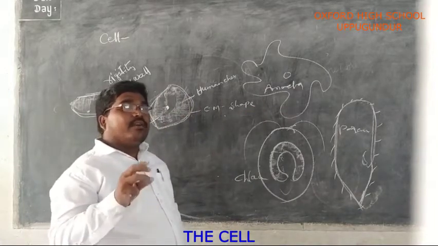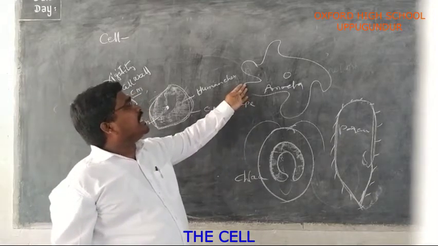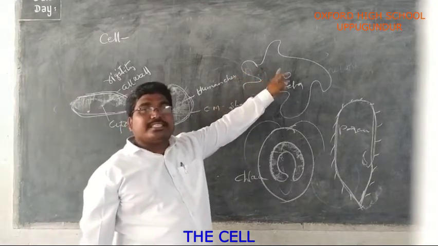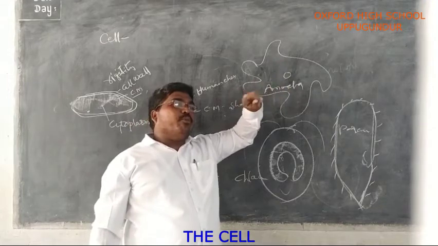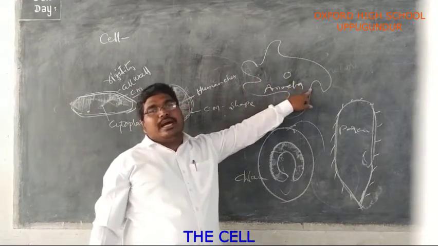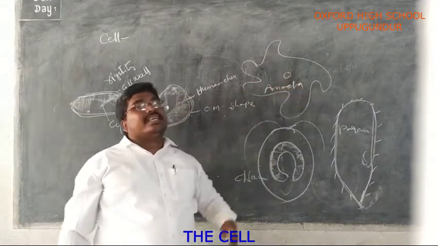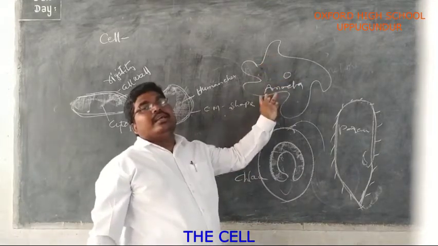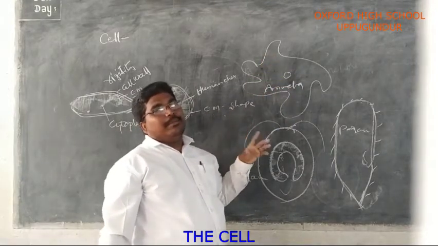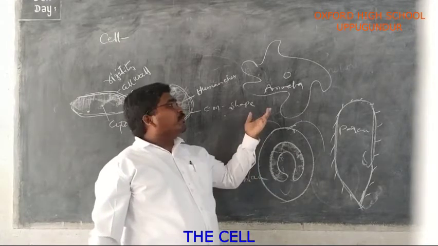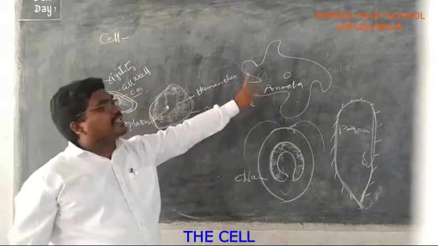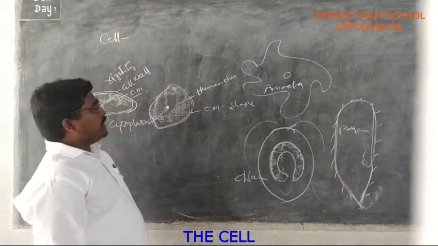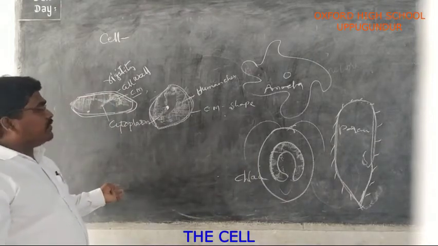The finger-like extensions are called pseudopodia. By the movement of the pseudopodia only, we can notice the amoeba. In amoeba, the food is taken in by the entire surface of the body. Now we are going to see another thing.